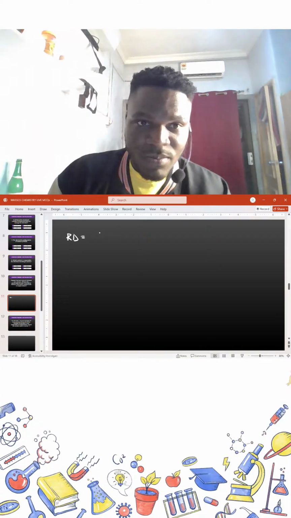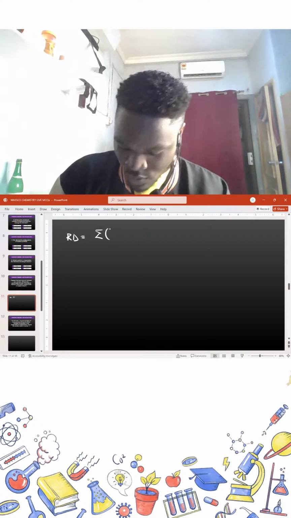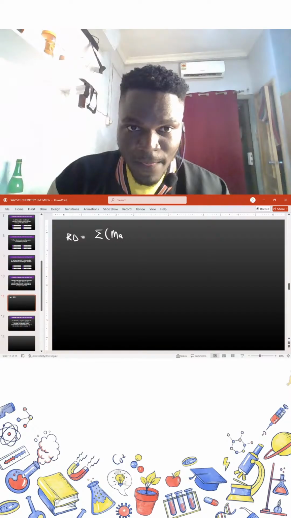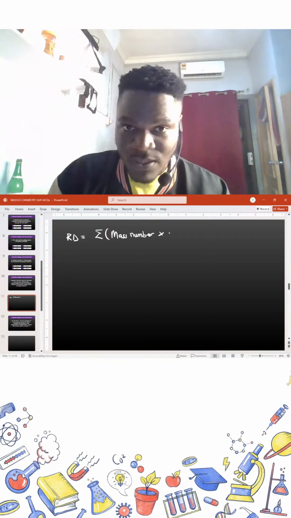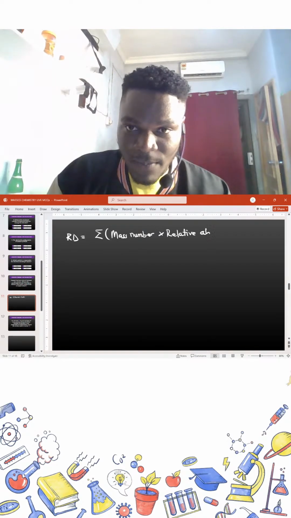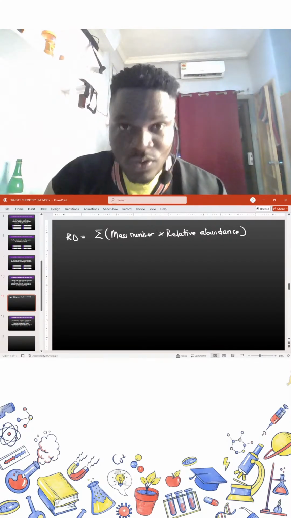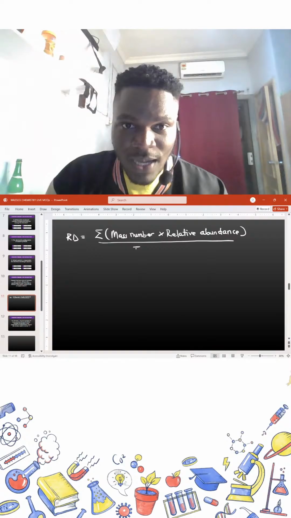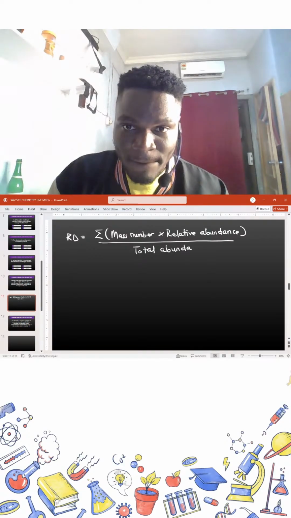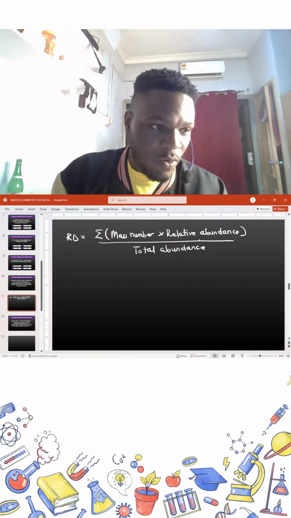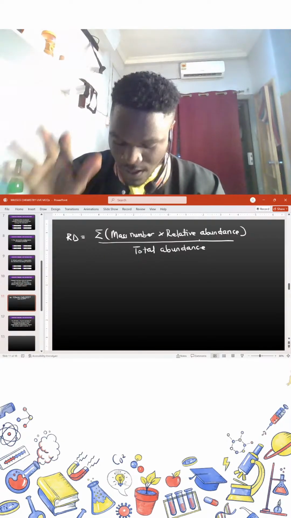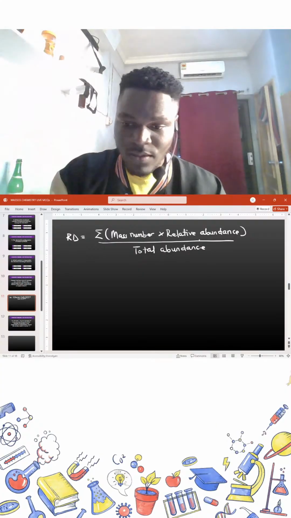So relative atomic mass is the summation of, into bracket, the mass number multiplied by the relative abundance, bracket close, all divided by the total abundance. Okay, so this is the formula for calculating the relative atomic mass of an isotope, right?